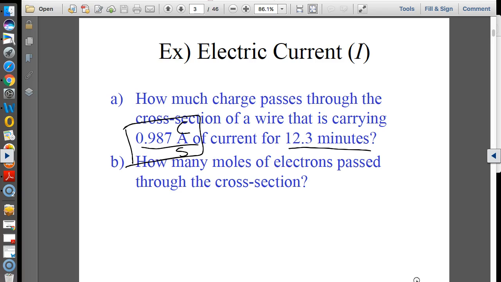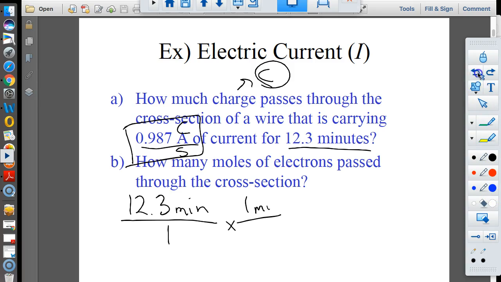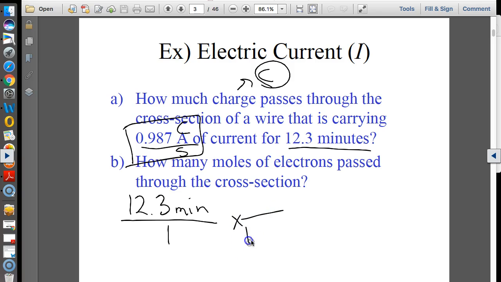So I'm trying to get charge, which is coulombs. So I circle it. I want that in the top right-hand corner. So 12.3 minutes. And I told you that coulombs per second was a thing. So I'm going to go ahead and go to, you know, 1 minute is 60 seconds.